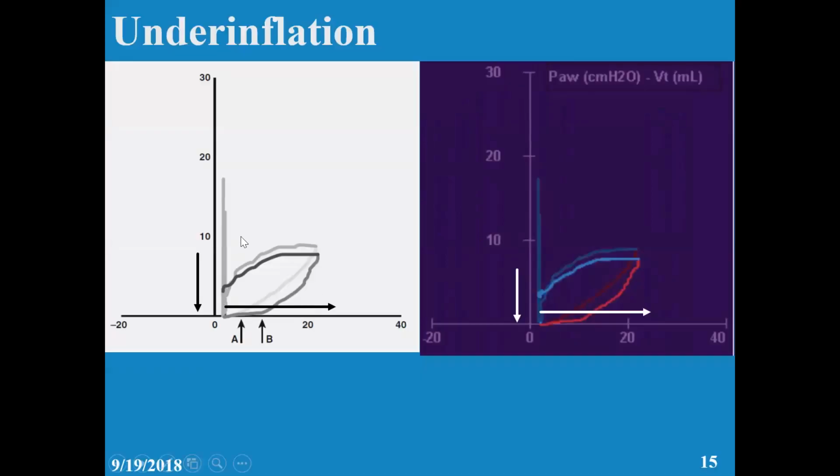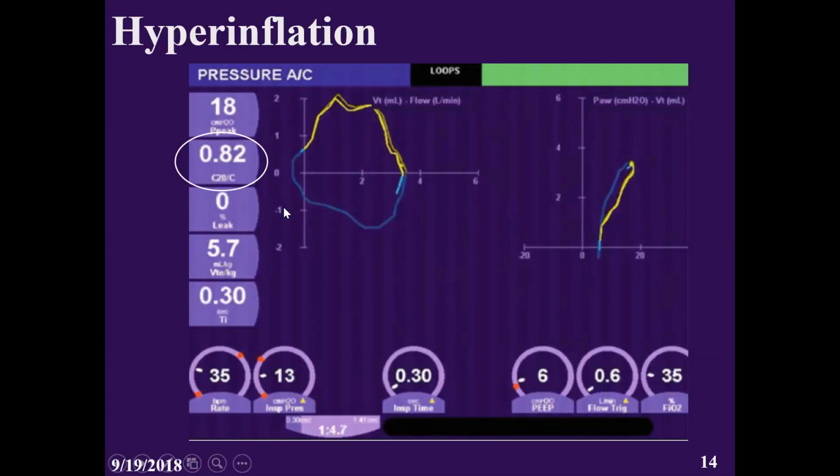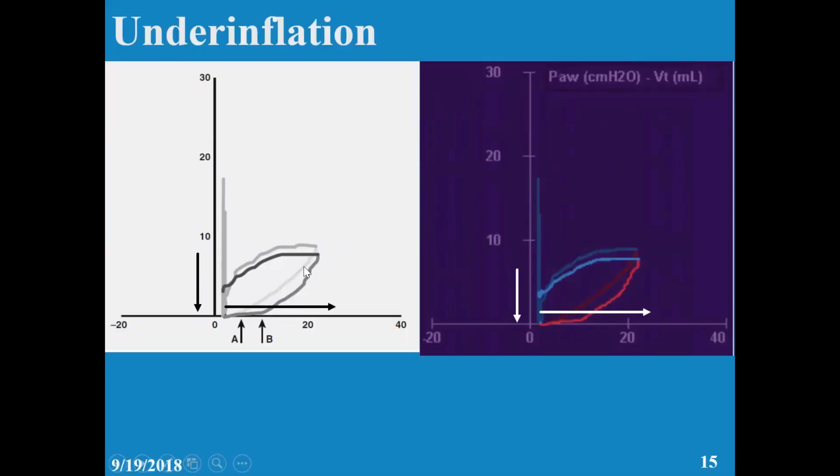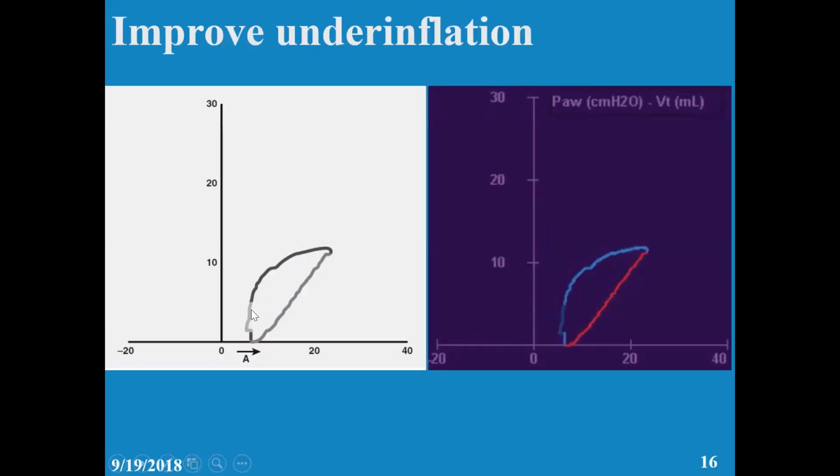Okay, underinflation, we're going down. You see the difference between overinflation and underinflation. We're not opening, we're giving pressure but not improving. You can see now improvement, but there is a problem here. The inflation is less good than the deflation.